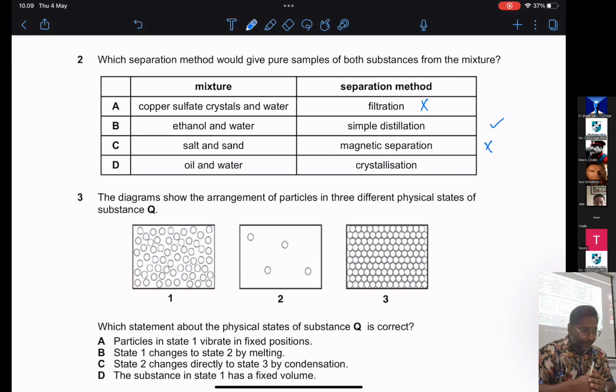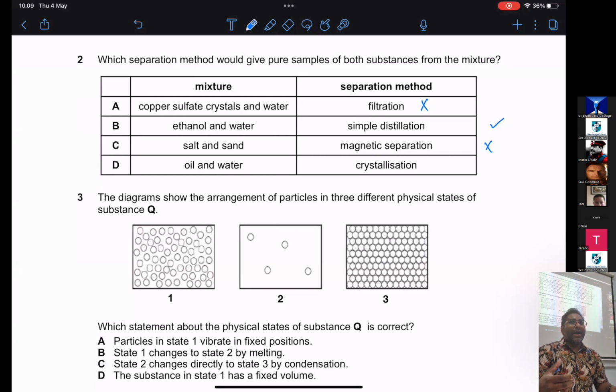Separating funnel, correct. There will be 2 layers, and then you can separate the one at the bottom. The separating funnel has an extension like a pipe, so you can collect the water out, leaving the oil, the top layer, on top. So you can use a separating funnel.